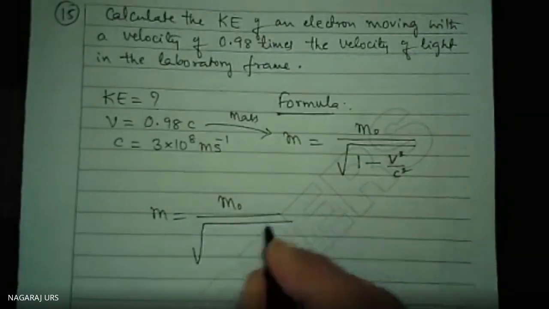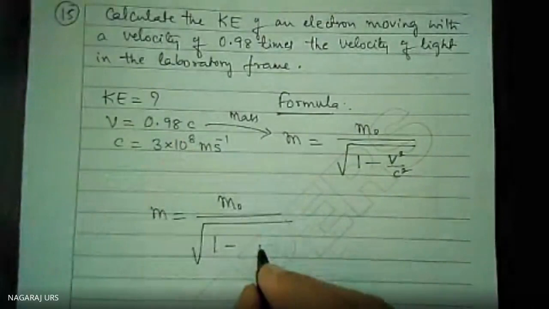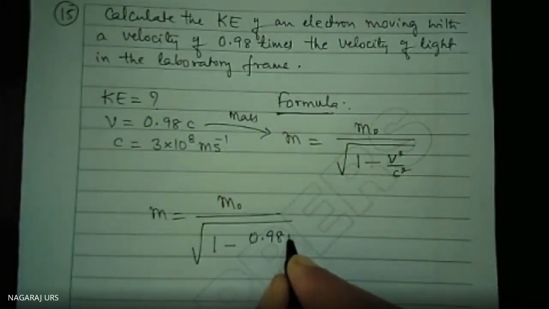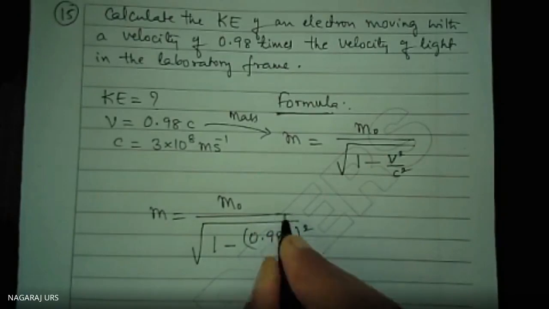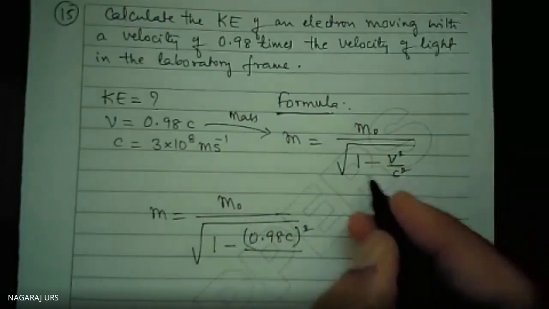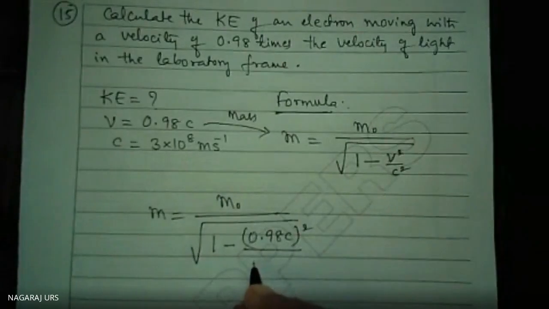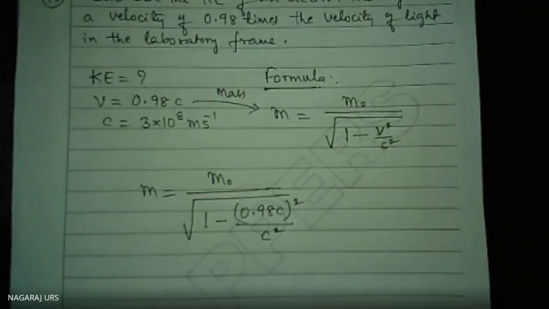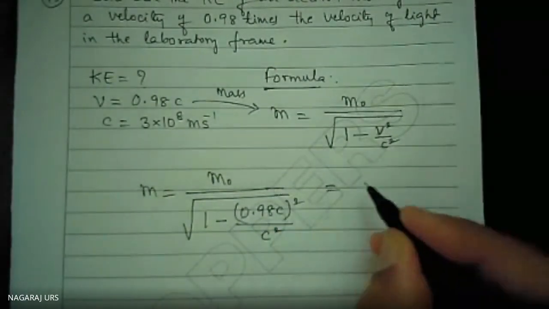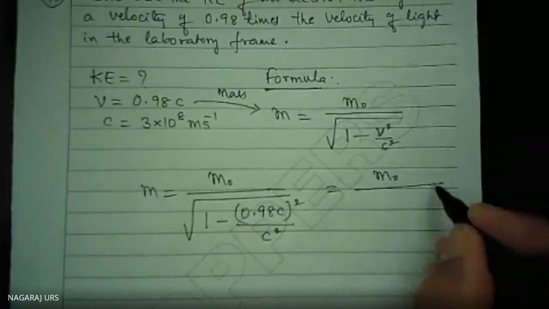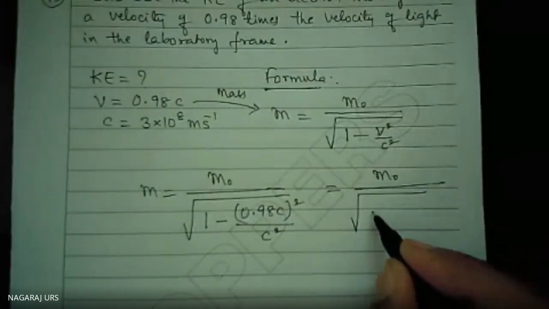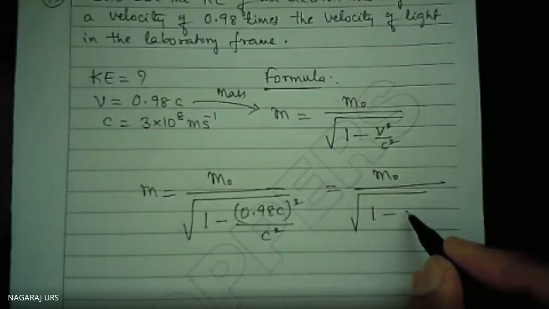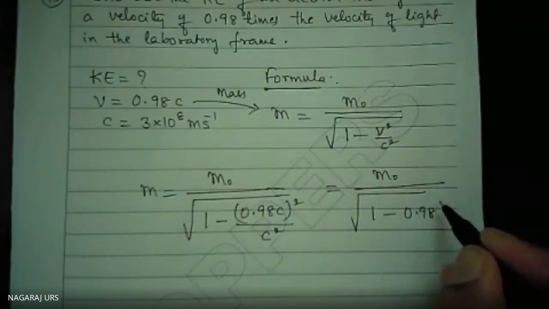Square root of 1 minus (0.98 c) squared divided by c squared. The c gets cancelled now. Let me put c only here. Why would I do the substitution again, cancelling that one? So that is equal to m naught divided by square root of 1 minus 0.98 squared, the c squared getting cancelled.